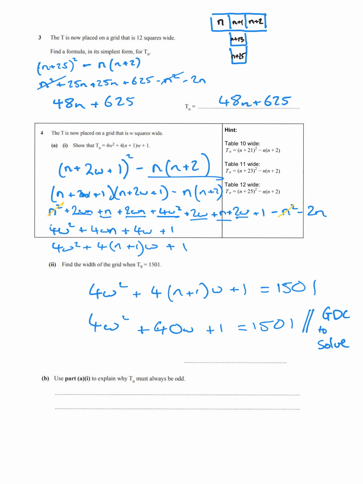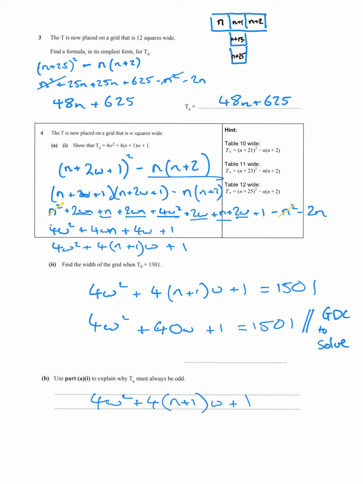Use part 1 to explain why Tn must always be odd. Okay, right. Now this one's quite a straightforward one. It seems really complex, but what you've been given is the 4w squared plus 4(n plus 1)w plus 1.